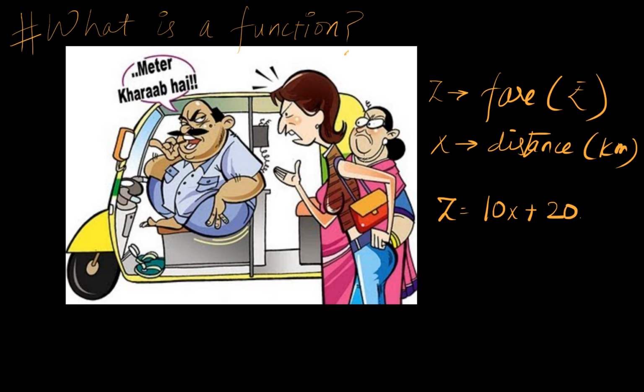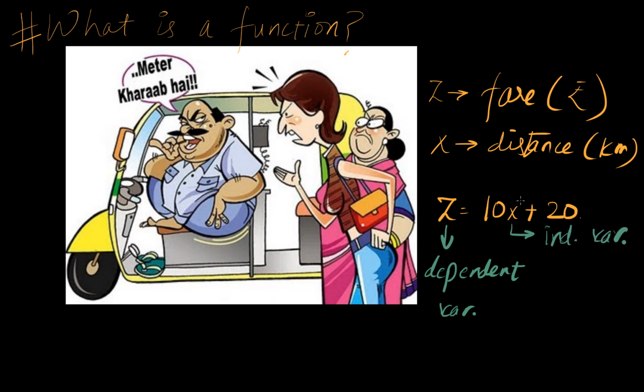So this lady figures out that the variable Z is a dependent variable, because Z depends upon X. So let's call this a dependent variable. And this X, which can be anything, depending upon how much distance the lady covers, we can call an independent variable.